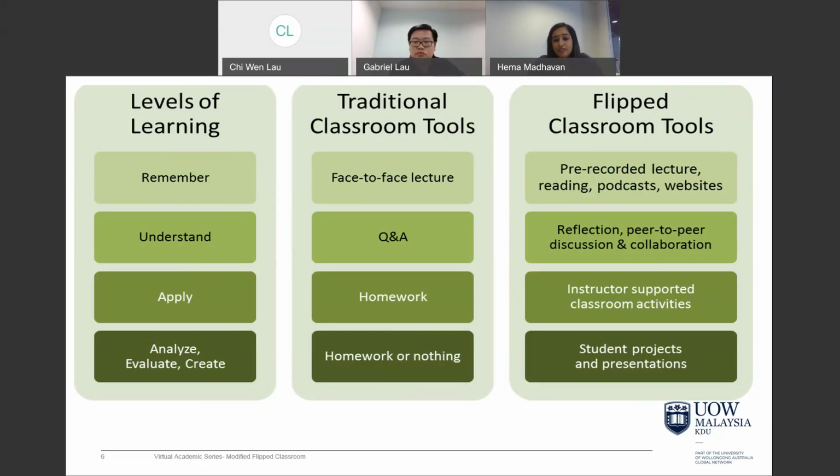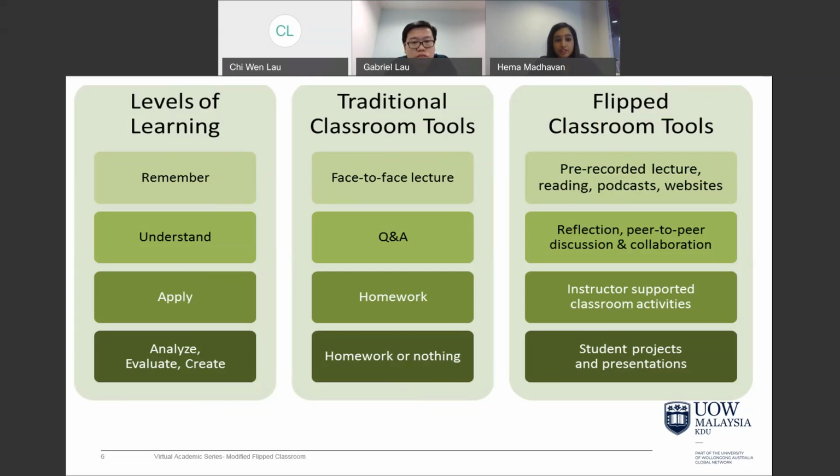And what we used to give as homework or projects are now flipped into instructor-supported classroom activities or presentations by students themselves. So a lot of this, we don't have to do like we are doing in class. What we can do is ask them to pre-record their presentations and submit to us later on or share with their friends later on.